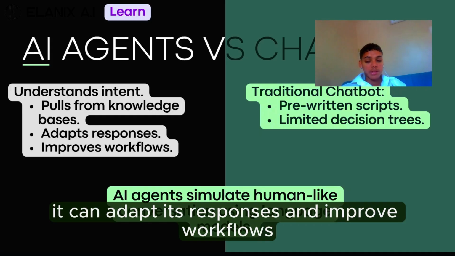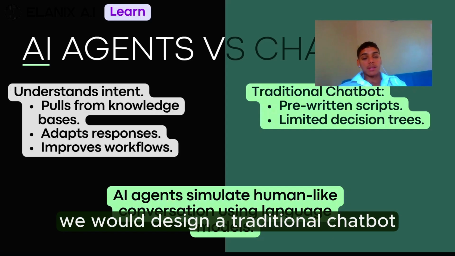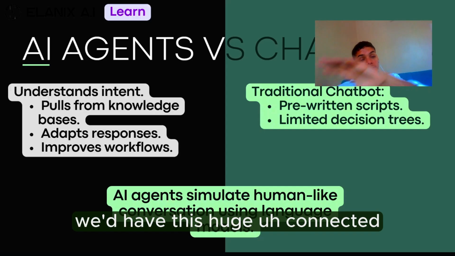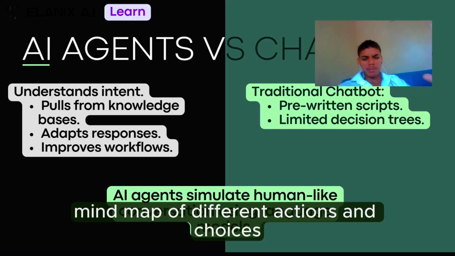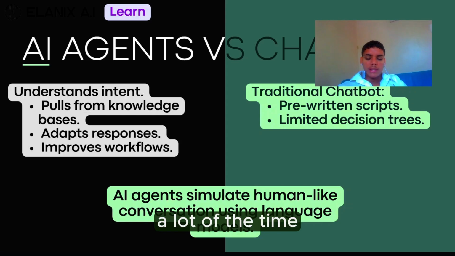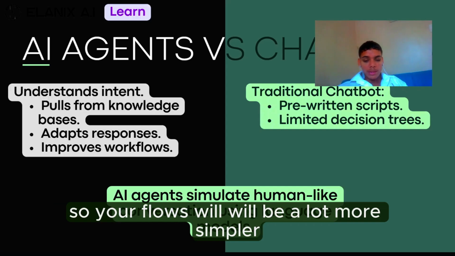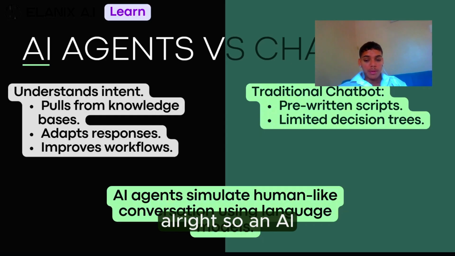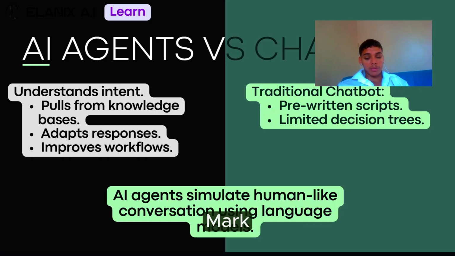It can adapt its responses and improve workflows, because the same way we would design a traditional chatbot, we'd have this huge connected mind map of different actions and choices. A lot of the time, an AI agent function will just be in one block, so your flows will be a lot simpler. Right, so an AI agent simulates human-like conversation using a language model.